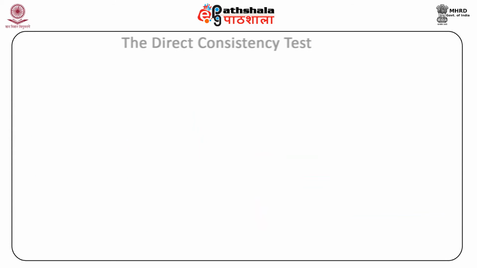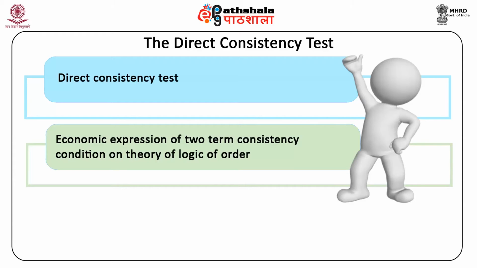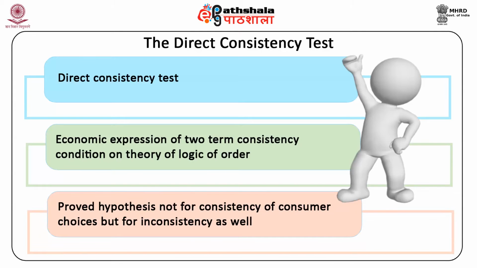Let us now discuss the direct consistency test. According to Hicks, this consistency test is known as the direct consistency test. The term direct consistency is the economic expression of the two-term consistency condition in the theory of logic of order. Hicks proved the hypothesis not only for the consistency of consumer choices, but for inconsistency as well.